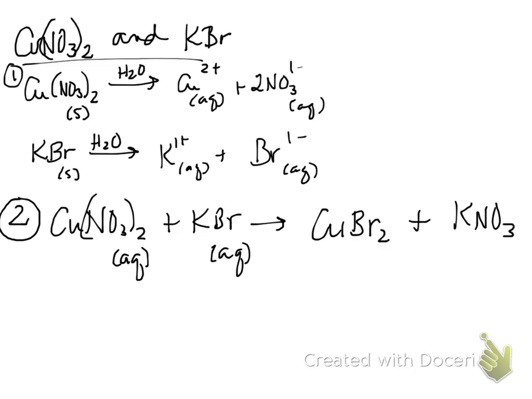How could we balance it? Okay, now we're balanced. Now we have to look up solubilities and predict solubilities for copper 2 bromide and potassium nitrate.